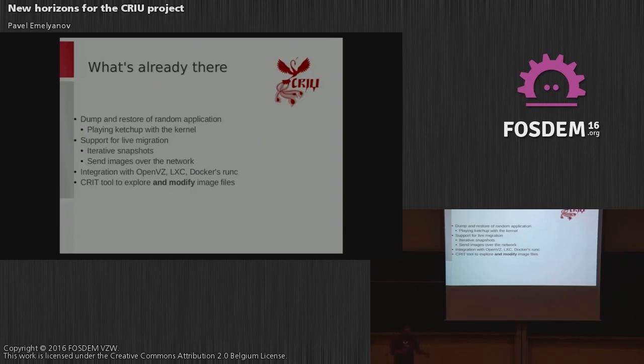Other than just support for saving the state and restoring the state, in CRIU we have support for live migration. As Tycho told already, live migration is not when you just save, copy, and restore, because this middle part, when you copy stuff between servers, may take long, depending on the size of the image files. For truly live migration, you have to copy as much stuff in advance as you can.